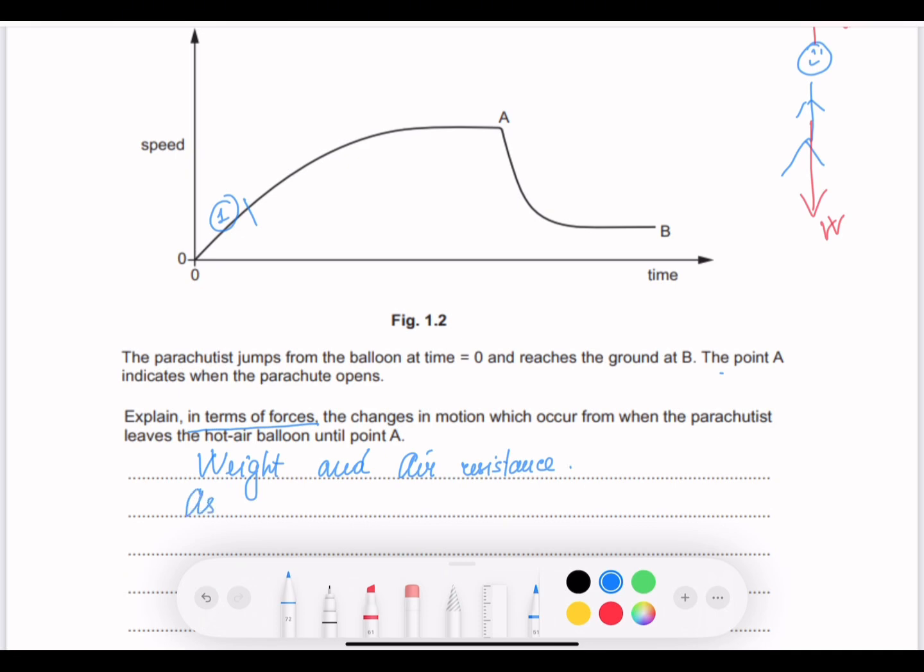As the skydiver accelerates downward, what happens? The air resistance increases.